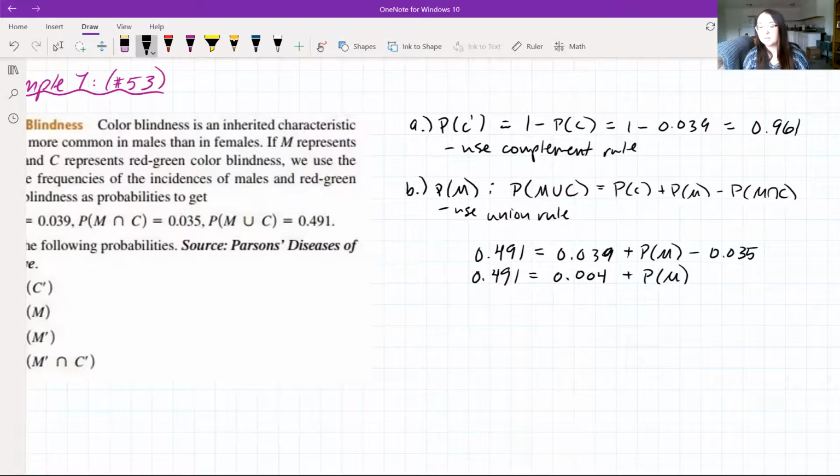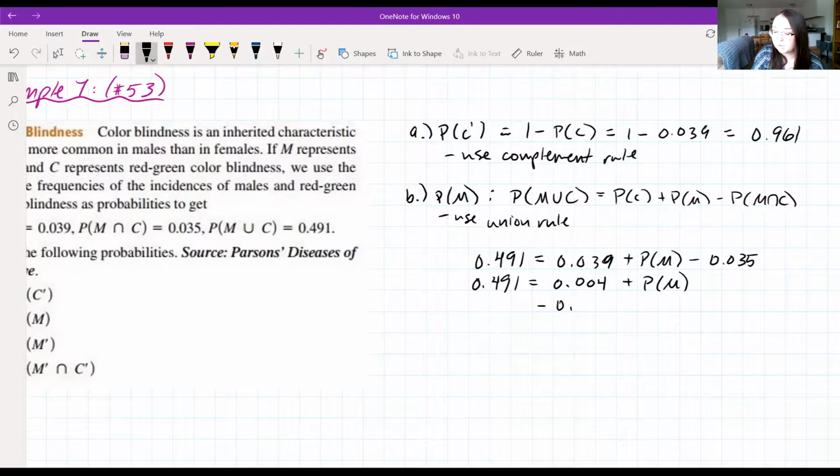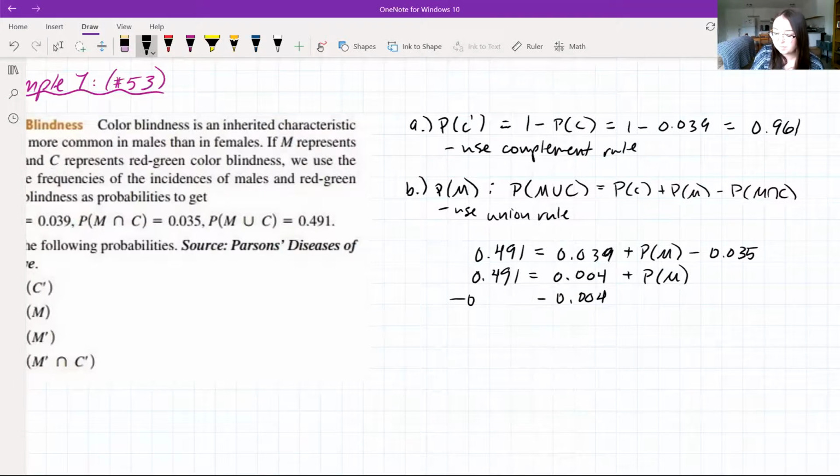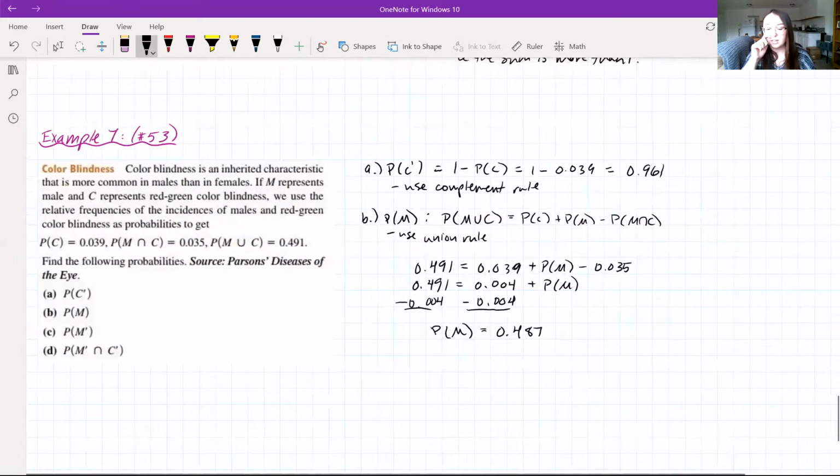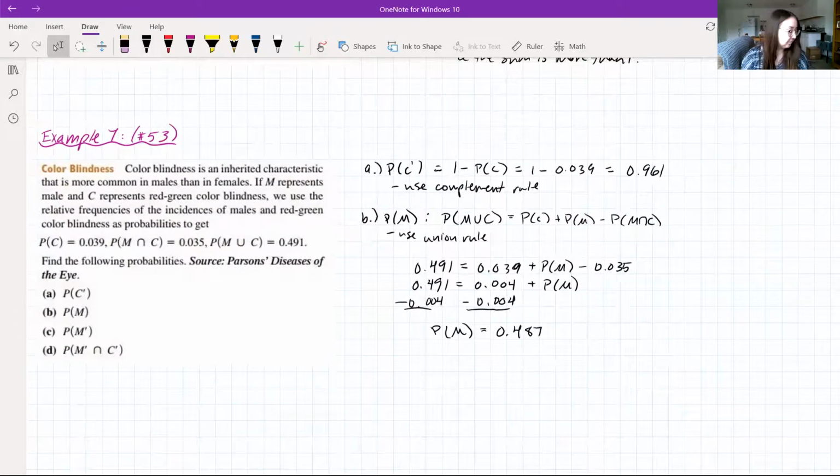And we have 0.004 plus the probability of M. Now we just want to subtract and solve for M. So we have that the probability of M is equal to 0.487. So we got our probability of M.